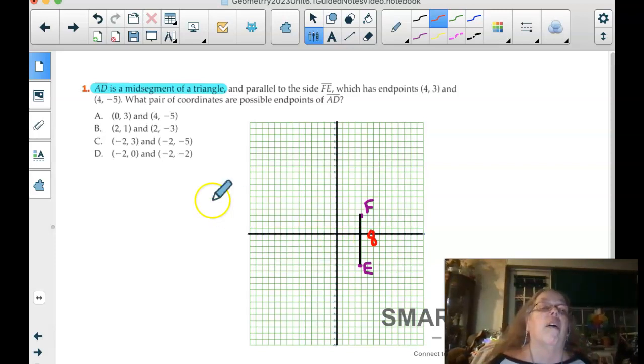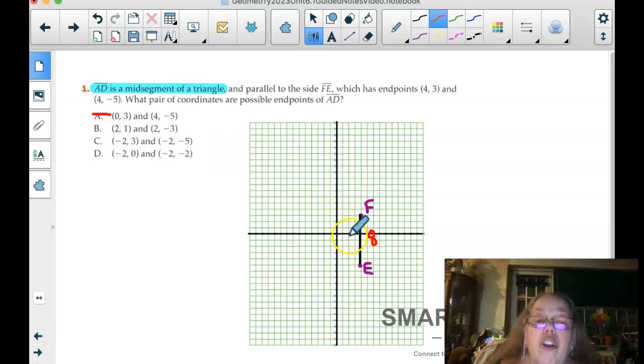So let's look. Here the x's are not the same, so this one's gone. Here the x's are the same, and let's see the distance. I'm going to plot (2, 1) and (2, -3).